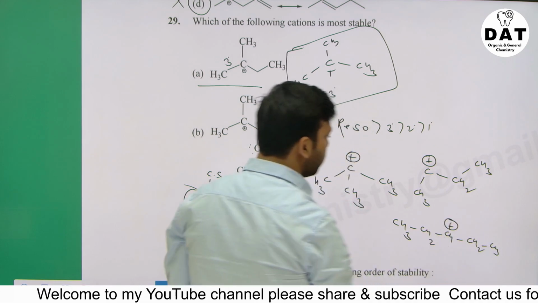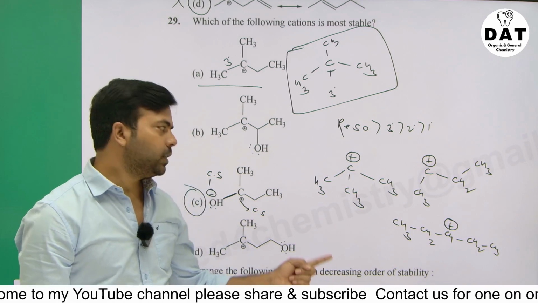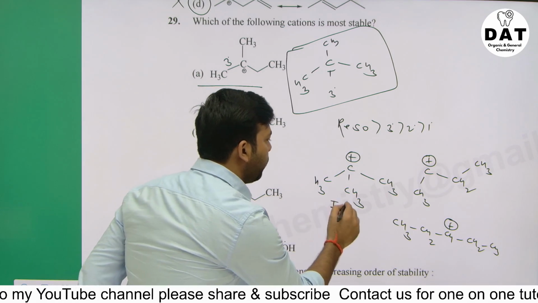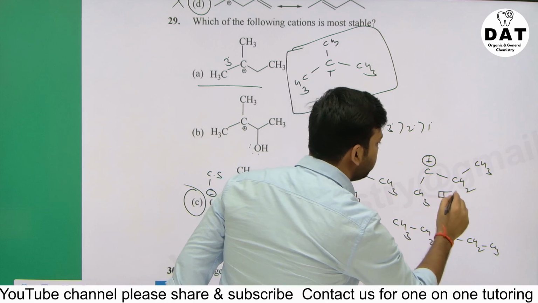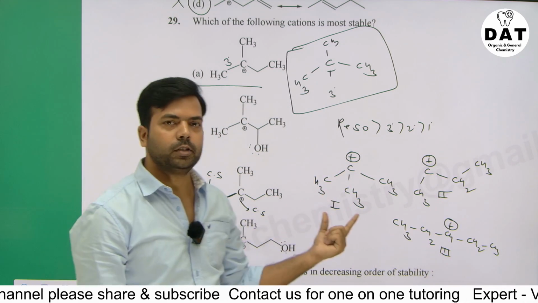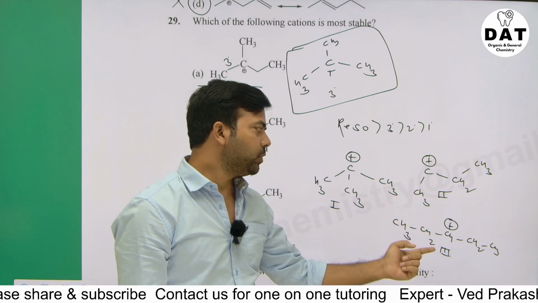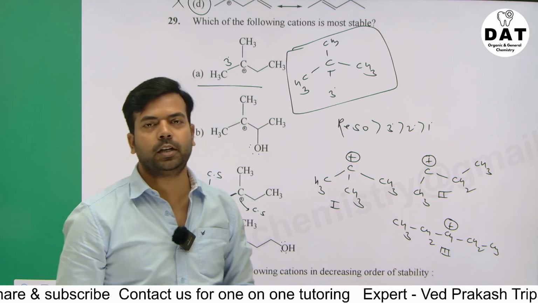And this is also secondary. Okay. So most students can say the first is the most stable. Why? Because of tertiary. You can say this is the most stable because of tertiary. But they are going to fail to check the stability of the second and third because both are secondary carbocations.